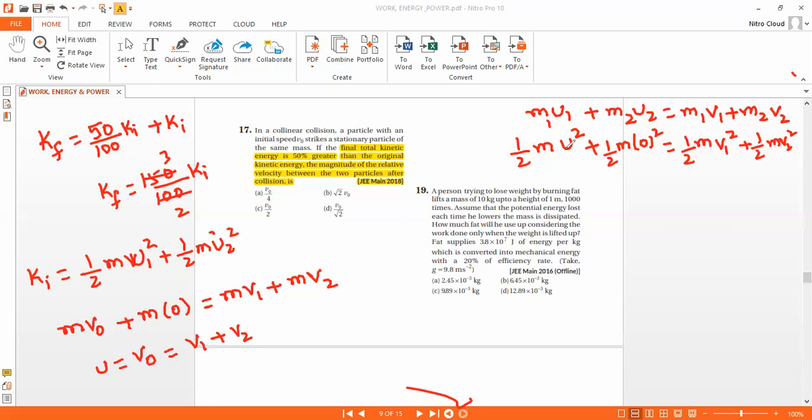Here I can substitute u square equal to v1 square plus v2 square. Since u means v1 plus v2 whole square is equal to v1 square plus v2 square.